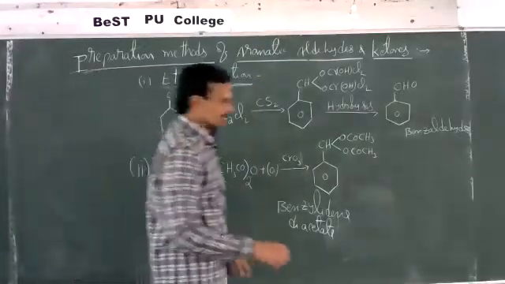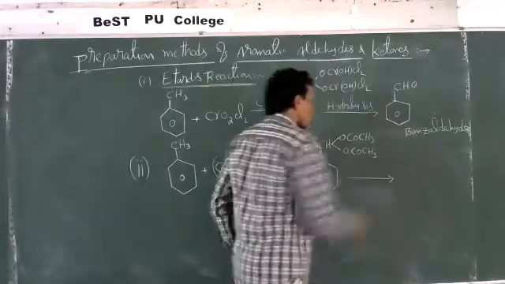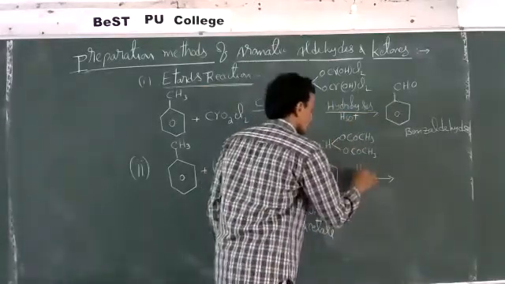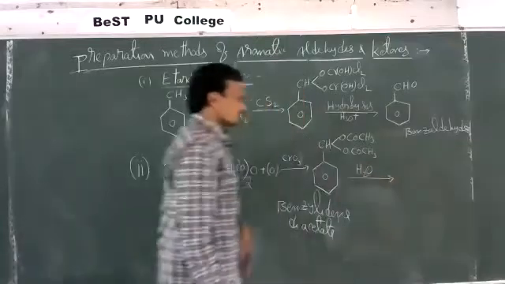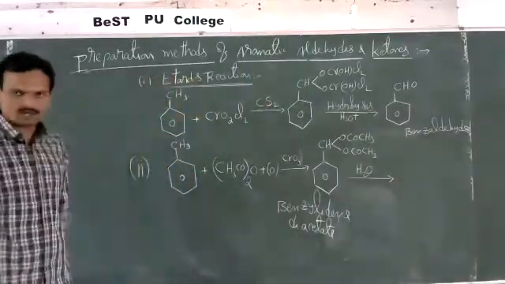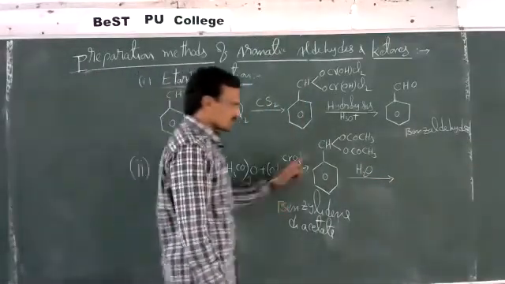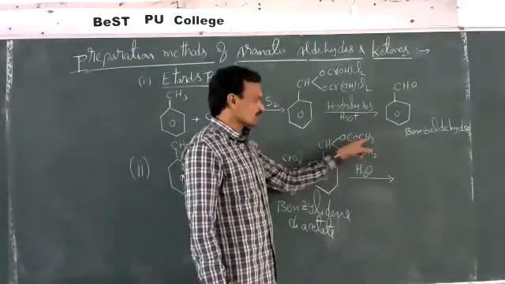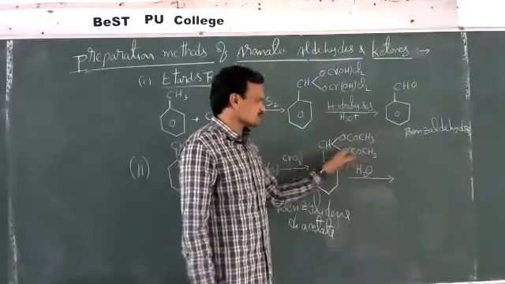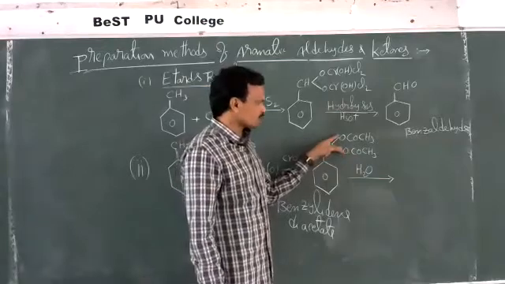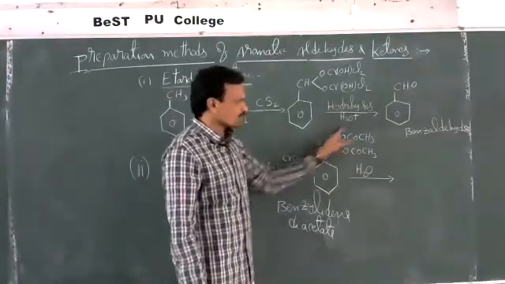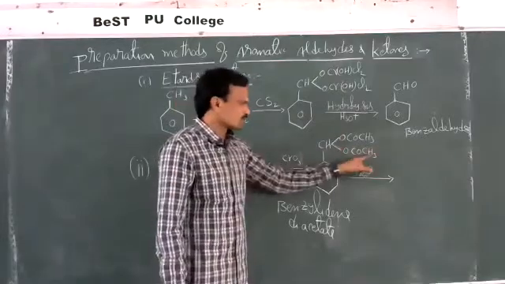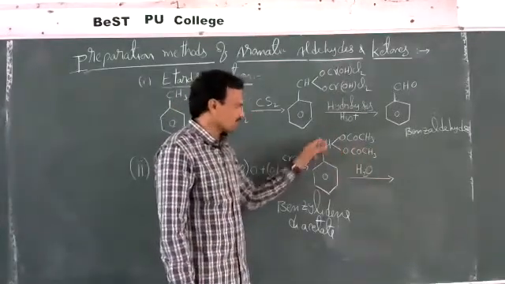And this benzylidene diacetate undergoes hydrolysis, with H3O plus, H2O. When this undergoes hydrolysis, at this OH plus, this is CH3COO minus. Two hydrogen atoms are added here, then we get 2 moles of acetic acid, CH3COOH, and oxygen will be added here.